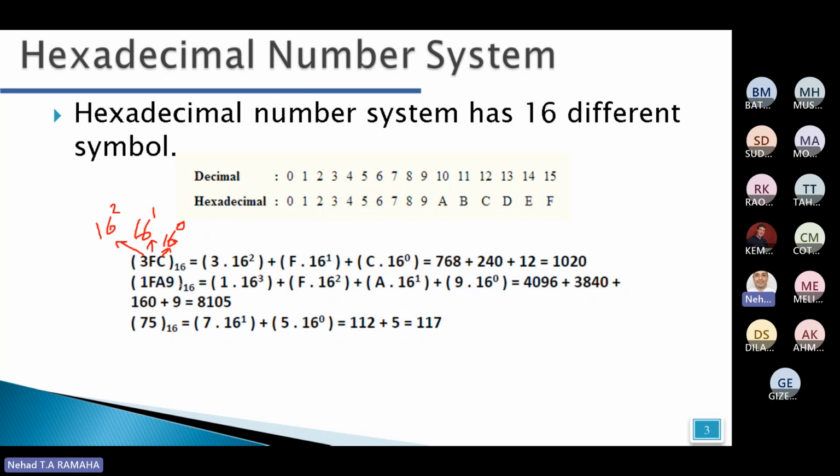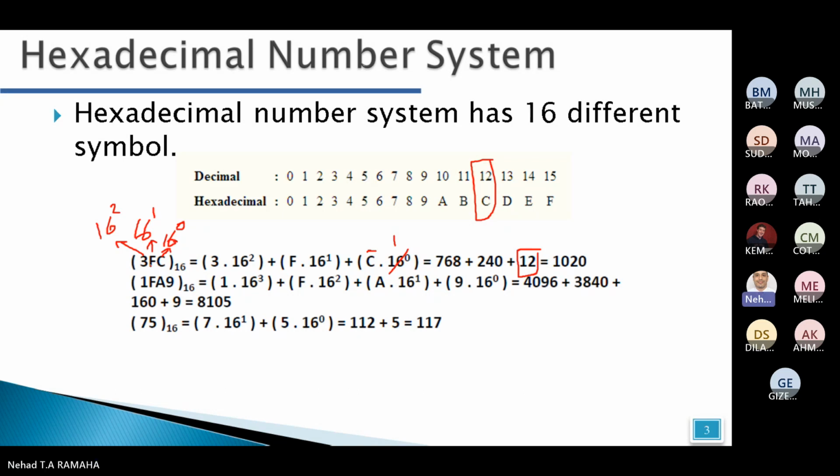This is the value of the position. You multiply it by the digit and sum. So C is 12, yes? 12 multiplied by 16 power 0, which is 1, so 12 multiplied by 1 is 12.